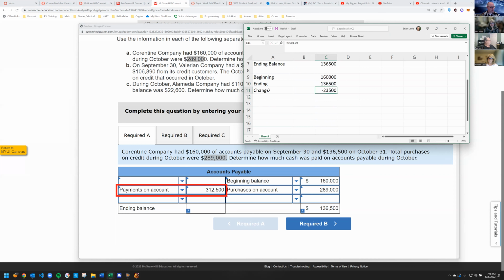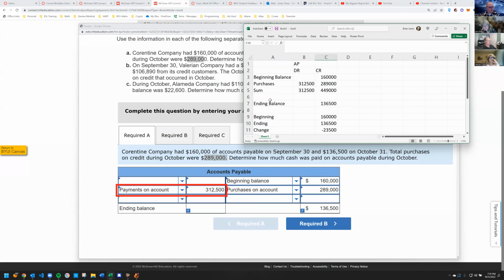So it decreased by 23.5. But you also know you actually had purchases of 289, which increased it. So your effective payments on account, this is the variable unknown, would be this plus that, which isn't right because really you're going the other way around. It's that minus this. That's another way of doing it.